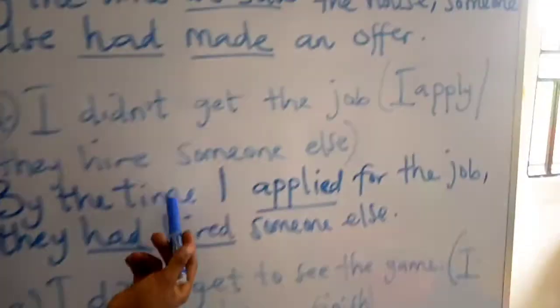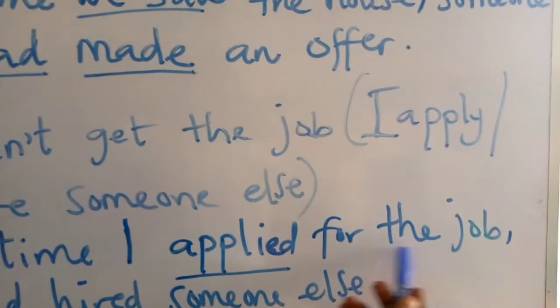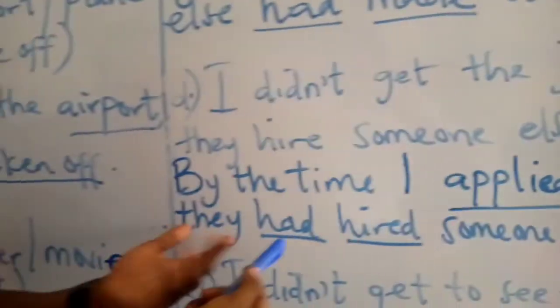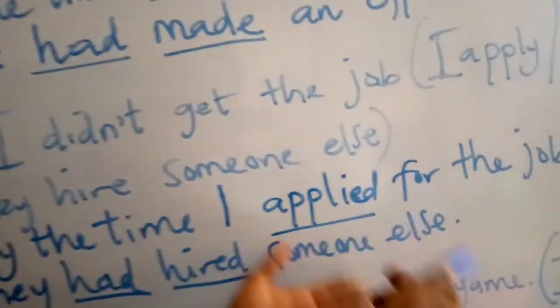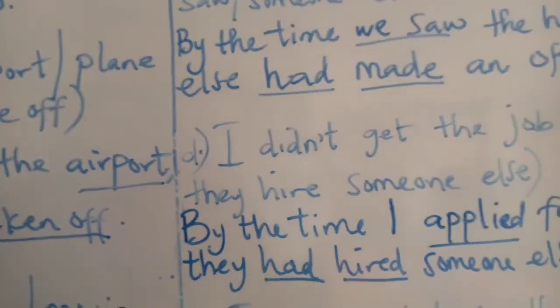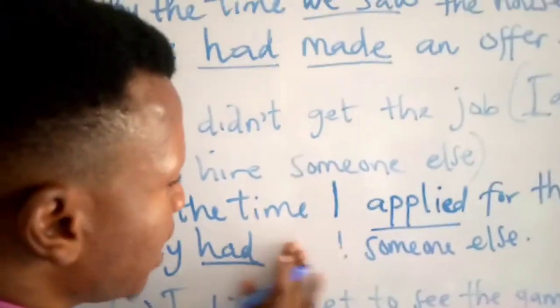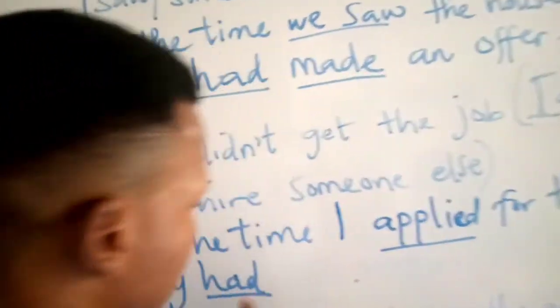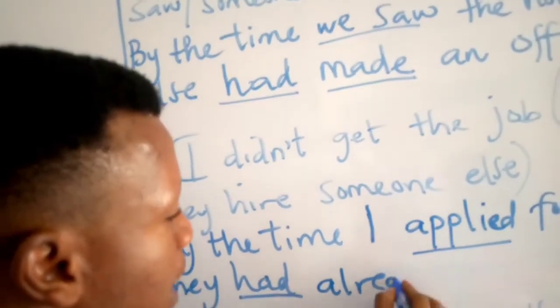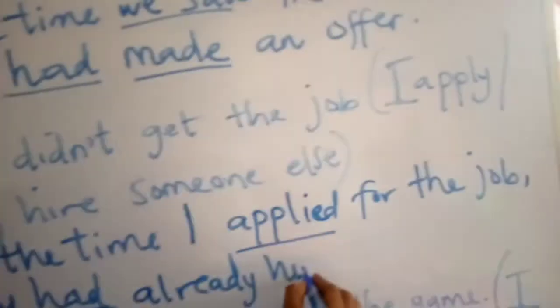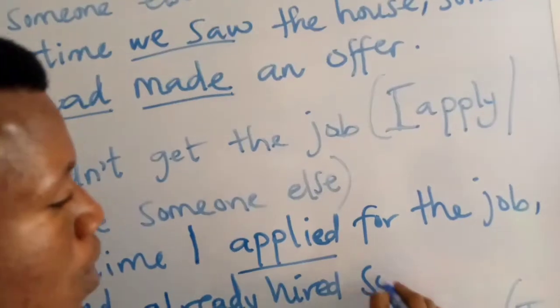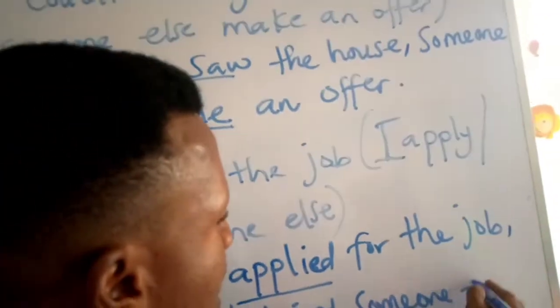By the time I applied for the job, they had hired someone else. Or we can say they had already hired someone else. Yes. So let's put already here. They had already hired someone else.